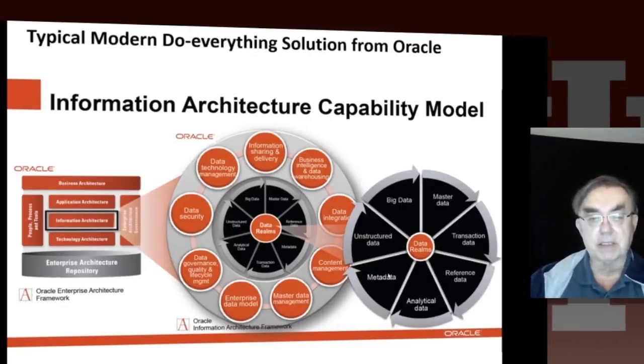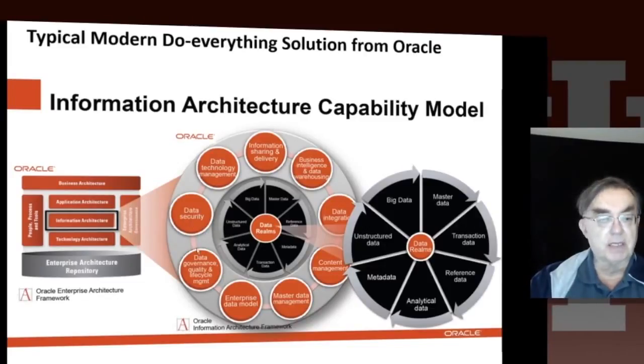And that's the middle of this circle here. And then around that, you have things like security, life cycle, etc. And this is the enterprise architecture framework, which is again doing everything for everybody in a possibly, at least not easy to understand fashion for any one case.